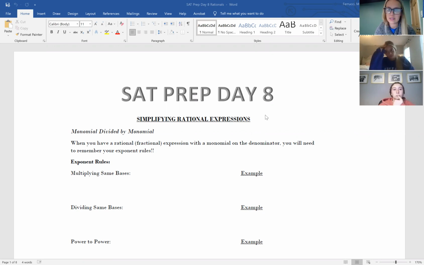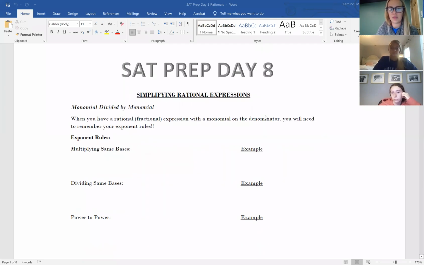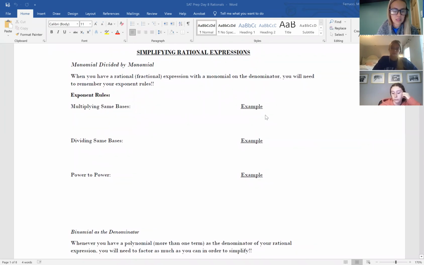So we're going to be doing some math stuff today, and this is normally in the no calculator part. So let's take a look. Rational expressions, rationals are just when you have a numerator and a denominator. And sometimes when you have certain rational expressions with an expression in the denominator, you might want to simplify it.